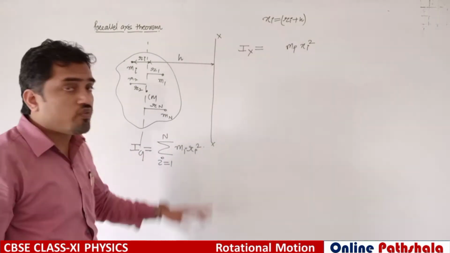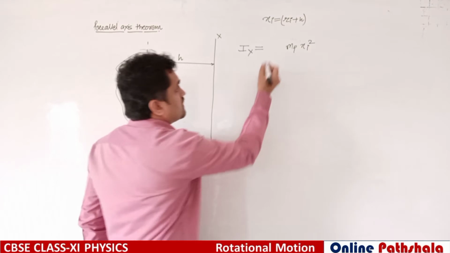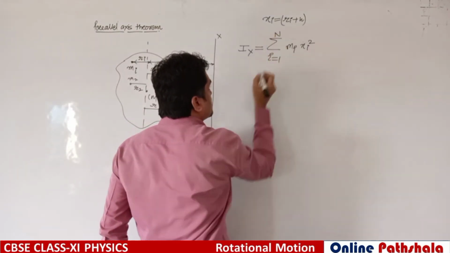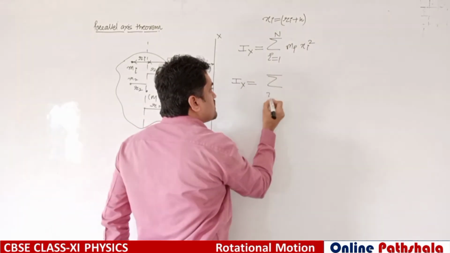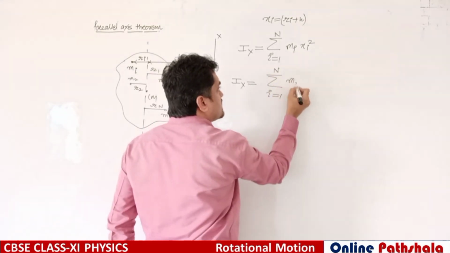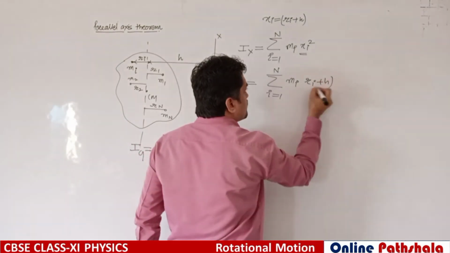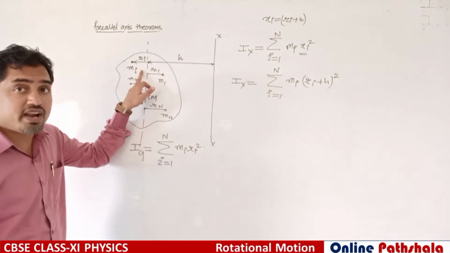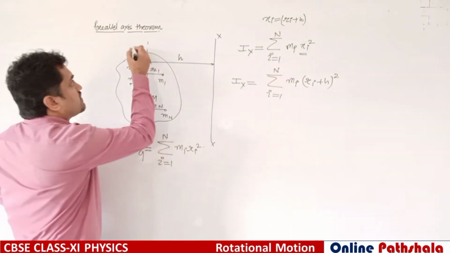If you want the moment of inertia of the whole body, we have to do the summation from i equal to 1 to n. So Ix is equal to the summation from i equal to 1 to n of mi xi square, where xi is equal to ri plus h. The distance of this ith particle from this x axis is xi.